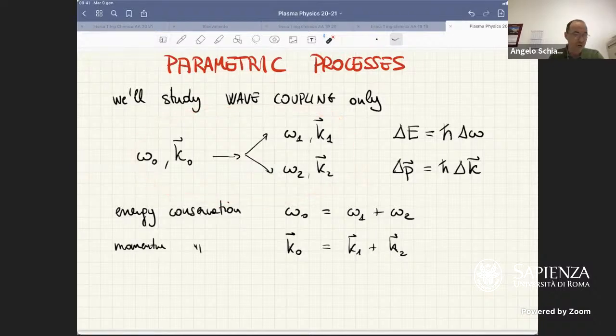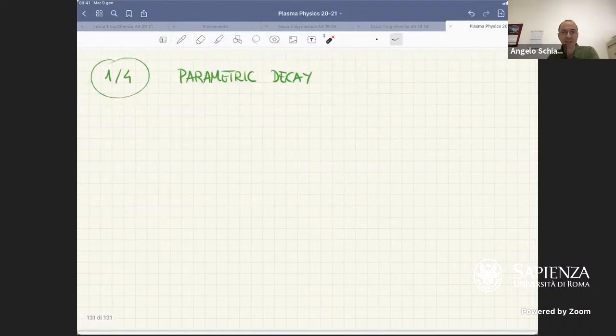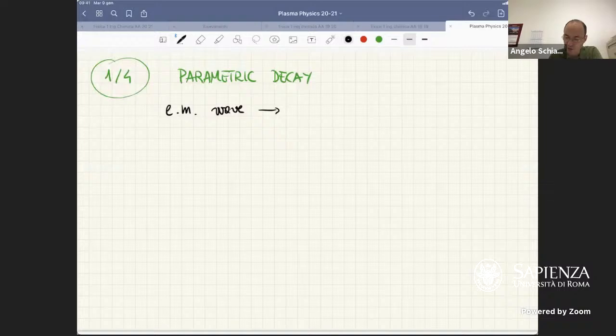So first of all, we have a parametric decay where our initial state is an incoming electromagnetic wave that is decaying into an electron wave plus an ion wave.